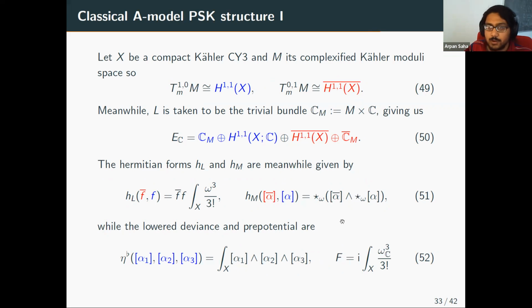But as it turns out, you can also define an A-model PSK structure. Okay, I will not go through the details of this, but let me just say that the cubic form is just given by the triple wedge product, and the prepotential is just the complexified volume of the Calabi-Yau threefold.